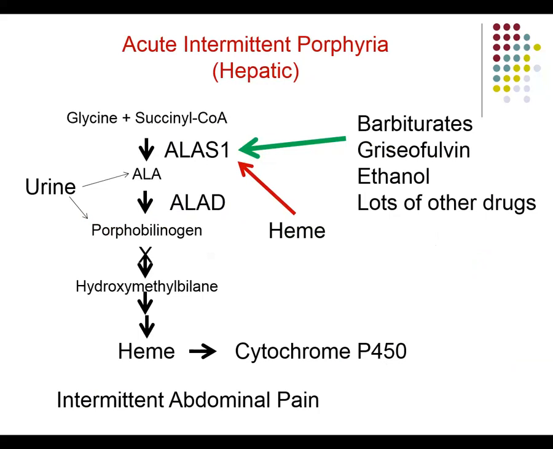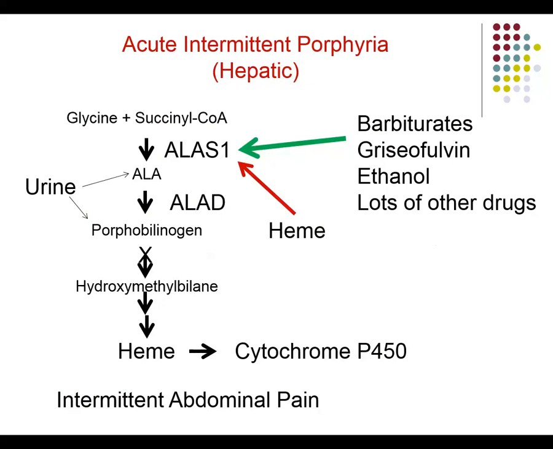And porphyrias that impact hepatic cells tend to cause abdominal pain. An example of that is acute intermittent porphyria, as shown in this figure. This particular porphyria has a defect in the conversion of porphobilinogen to hydroxymethylbilane, and this leads to intermittent abdominal pain.